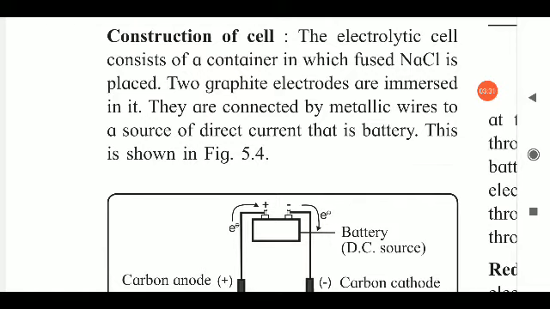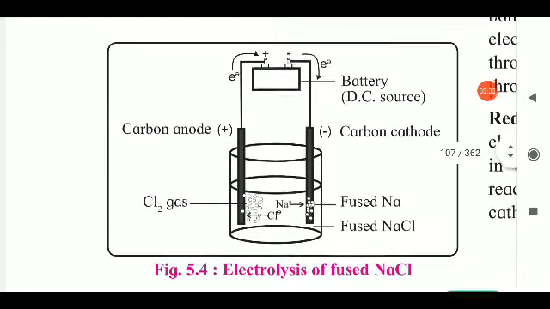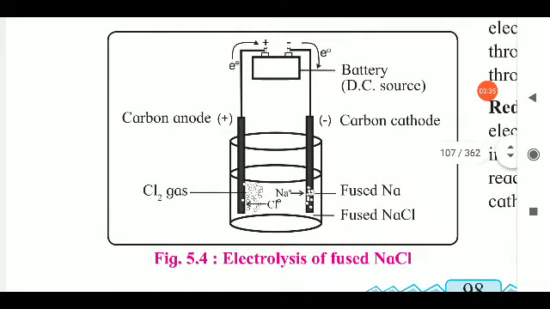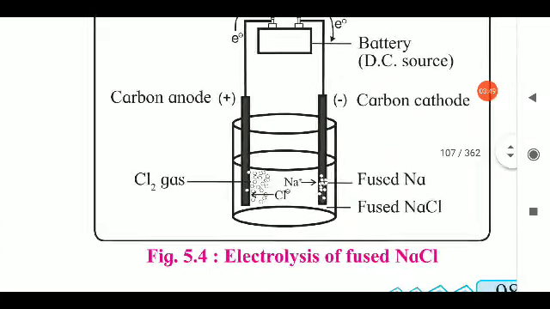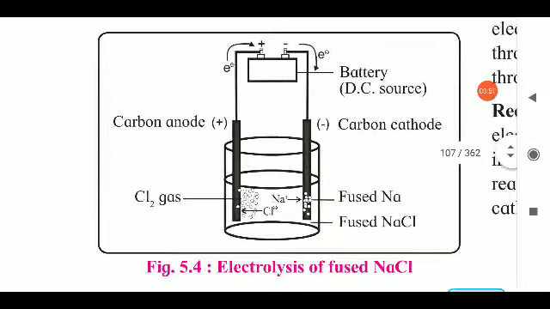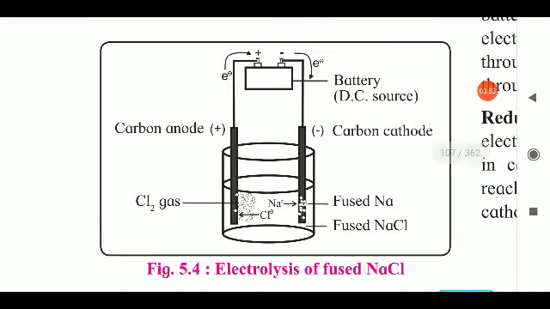Now students, these are all the things which are shown in this figure. Look at this figure. You will notice that in the electrolysis of fused NaCl, in a beaker the fused NaCl is taken and their corresponding ions are formed, Na plus and Cl minus.